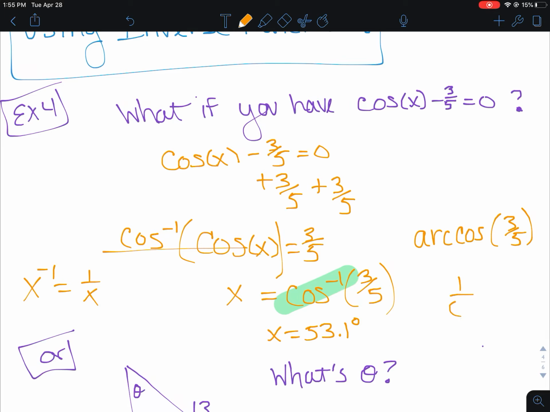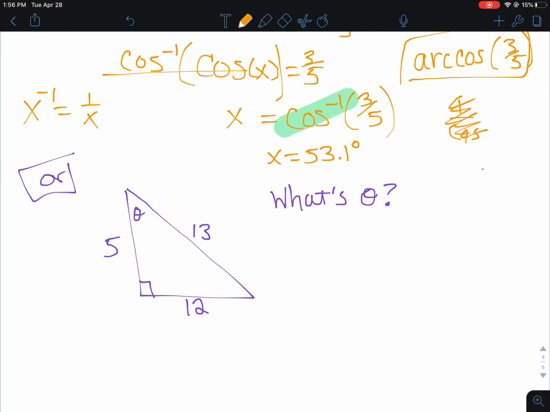But cosine to the -1 doesn't mean 1 over cosine. It means take the inverse, use the inverse function. So arc cosine is another way to say that. You might have that button on your calculator. It should give you the same answer, okay?